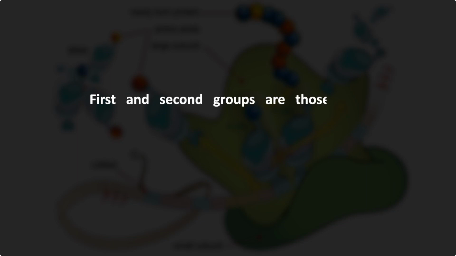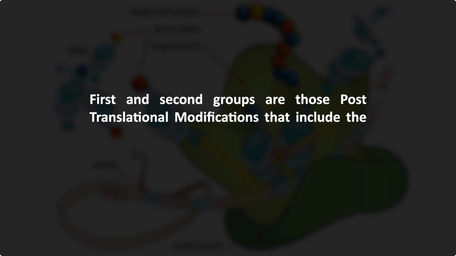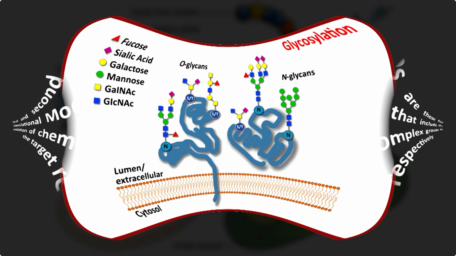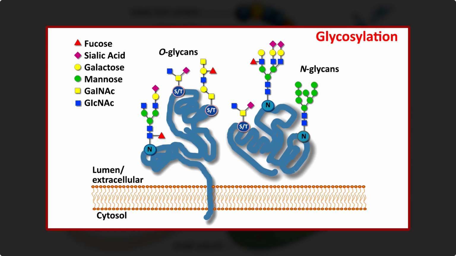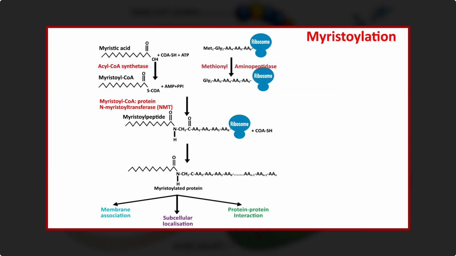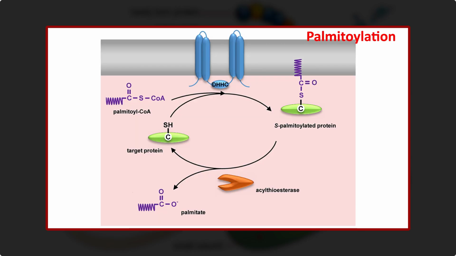But according to the type of modification, these post-translational modifications can be categorized into three main groups. First and second groups are those post-translational modifications that include the addition of chemical and complex groups to the target residue respectively. The first group and the second group include glycosylation, prenylation, myristoylation, and palmitoylation.